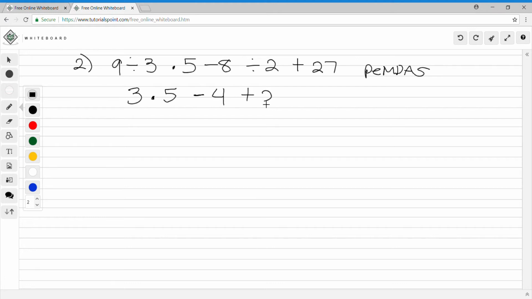Plus 27. You could do the division first or the multiplication first, but I like doing it this way because it's much easier. So now let's do the multiplication. 3 times 5 is 15.